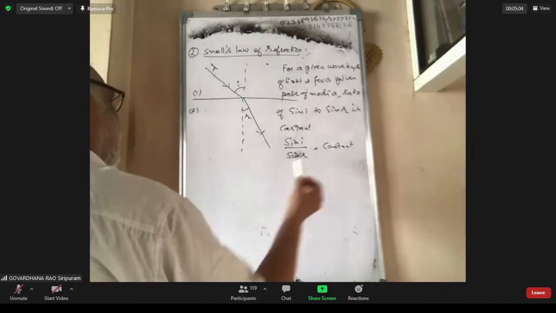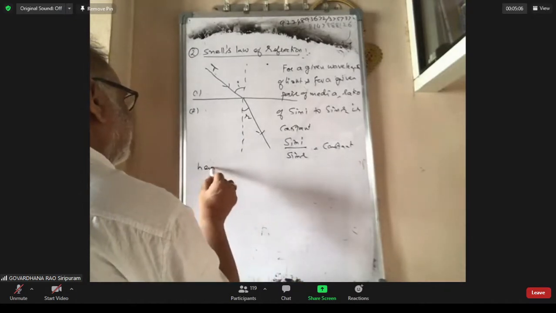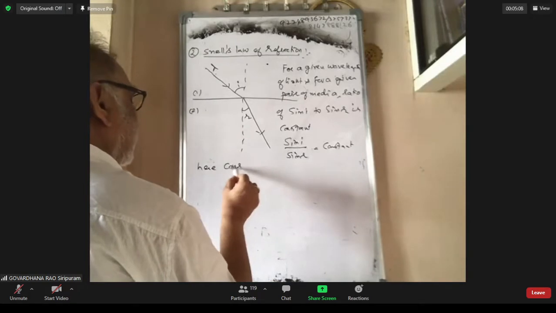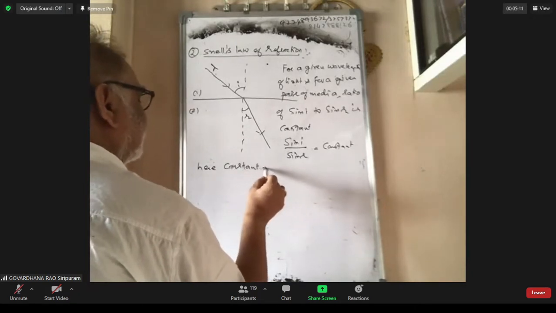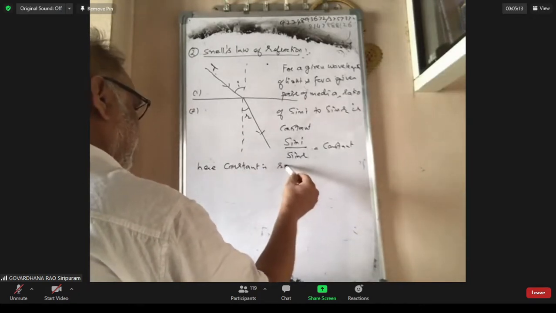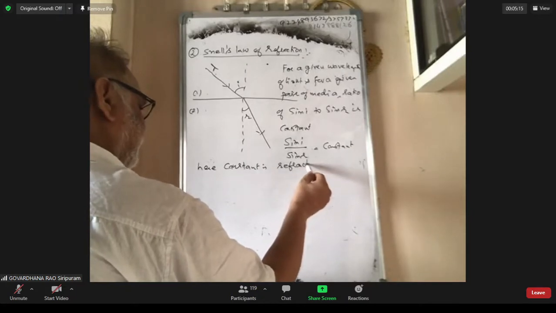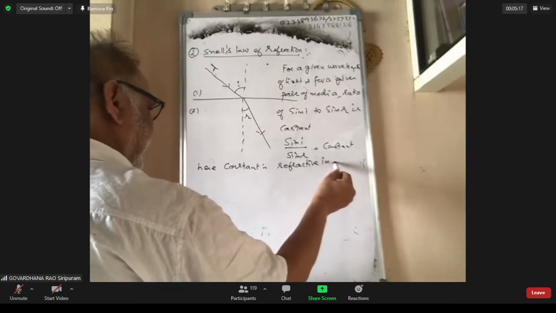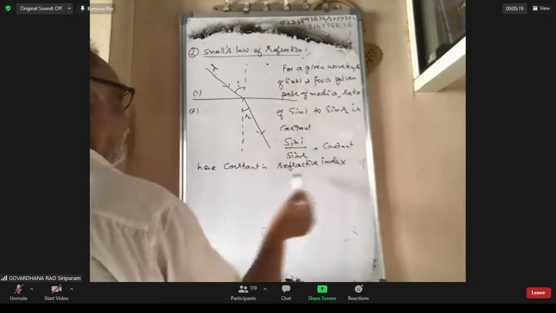So what is this constant here? The constant is the refractive index.